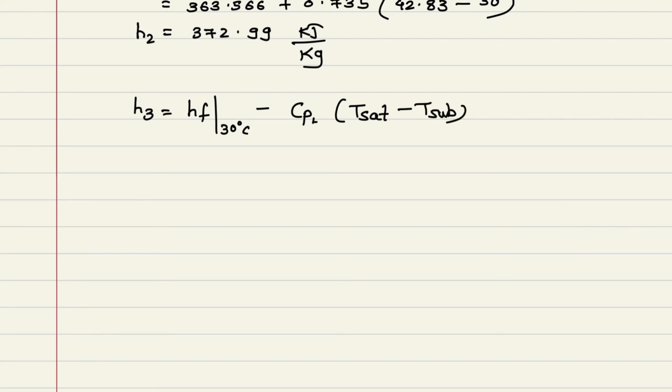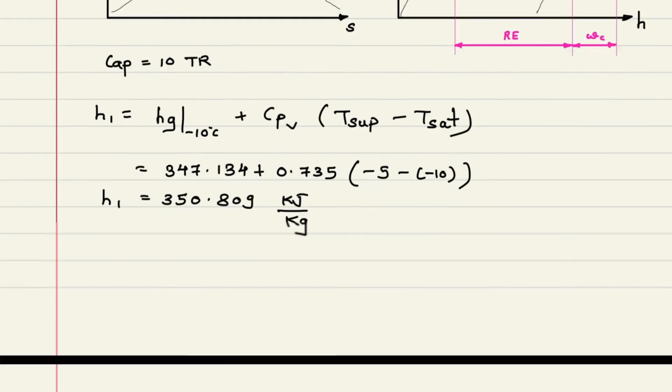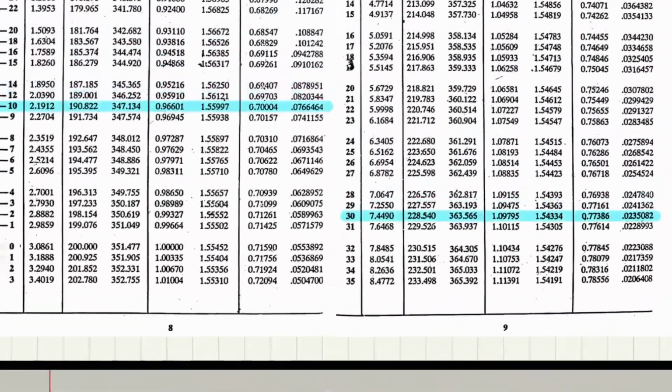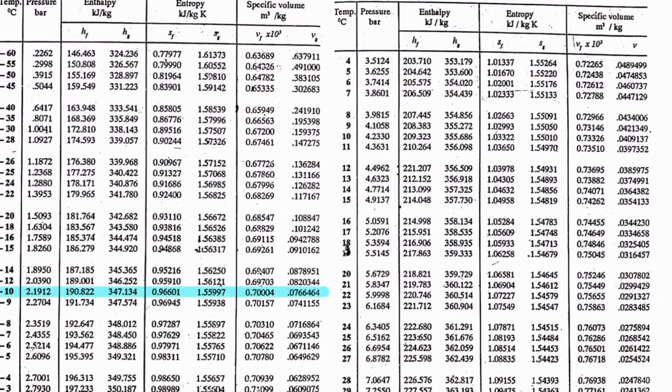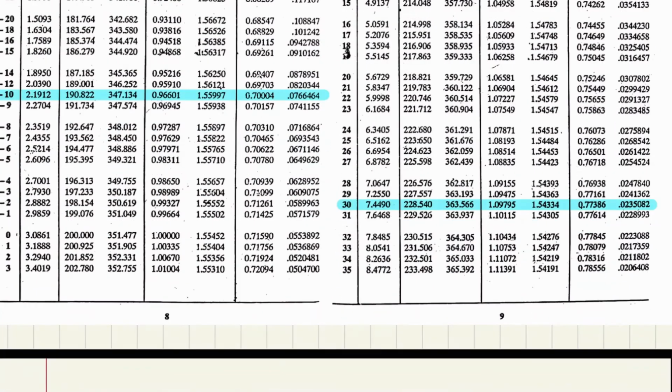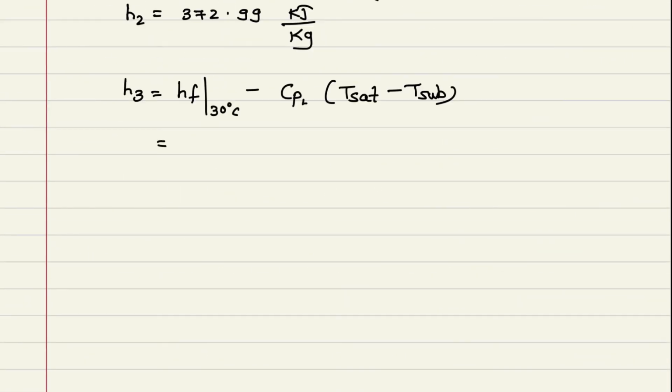Okay, now Hf at 30 degrees Celsius we have to read from the table. Okay, this is the Hf column. This will be 30 degrees Celsius, 228.54 minus Cp of liquid.